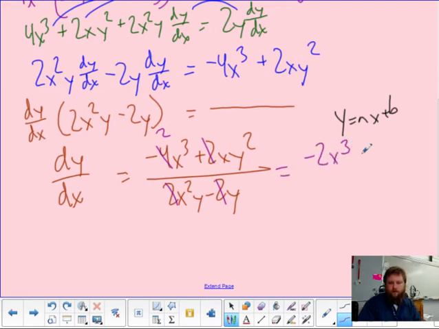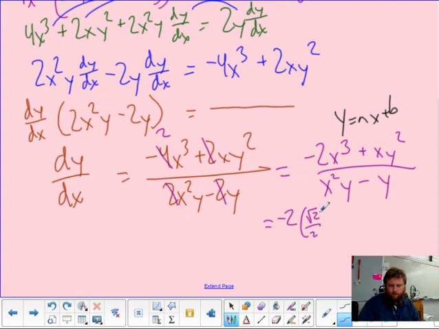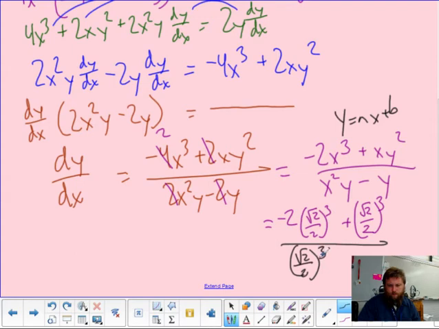Sorry, 2x cubed plus xy squared over x squared y minus y. All right, the neat thing, since x and y are the same numbers, it's going to be negative 2 times square root of 2 over 2 cubed plus, and since x and y are the same number, square root of 2 over 2 cubed, all over square root of 2 over 2 cubed minus square root of 2 over 2.